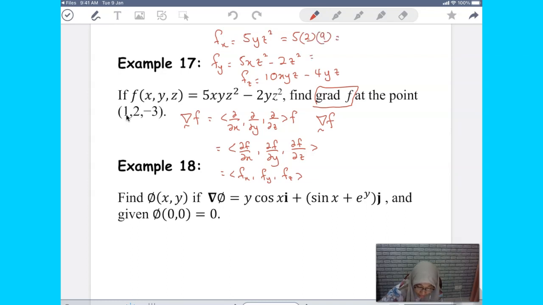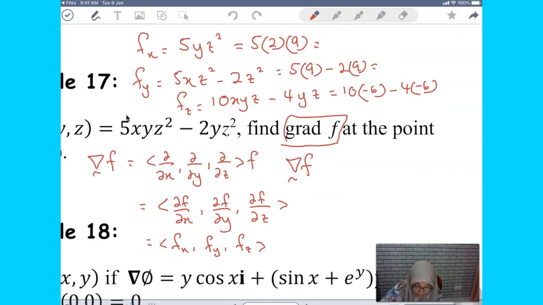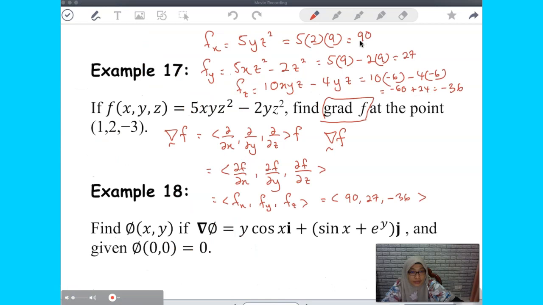Then this one you have 5 times 9 minus 2 times 9, and this one xyz minus 6, so 10 minus 6 minus 4 minus 6. When you evaluate you have 90, 27, and minus 36.